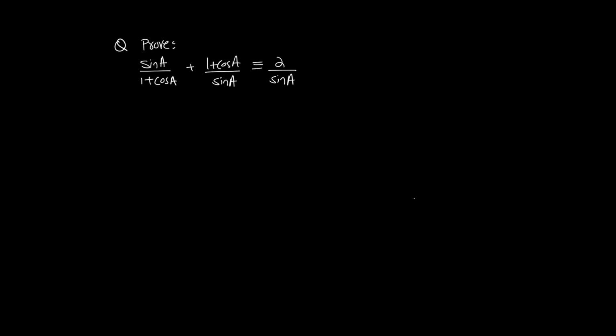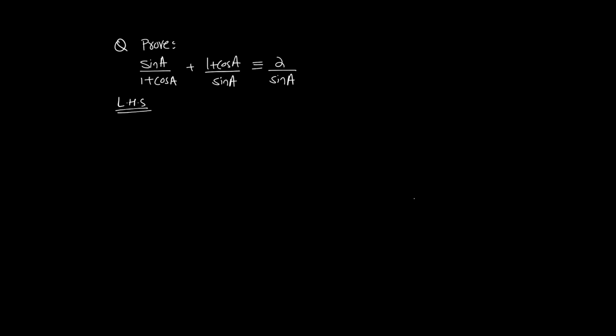In this question you have to prove that sine a over 1 plus cos a plus 1 plus cos a over sine a is identical to 2 over sine a. So you have to choose a side, and it's very obvious that you will choose the left hand side.